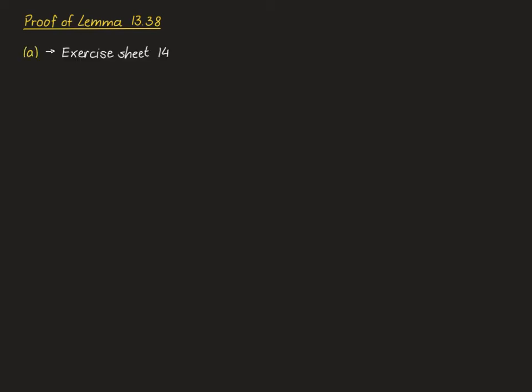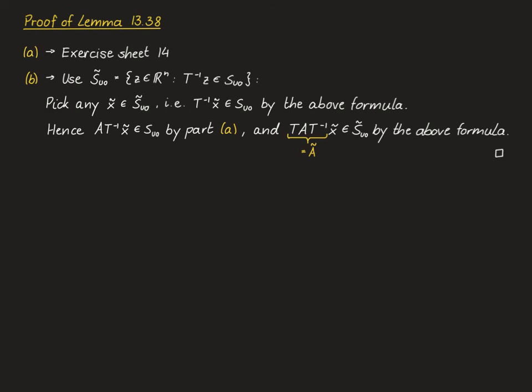Now to the proof of lemma 13.38. Part A will be again on exercise sheet 14, and for part B we will use the formula for S_UO tilde that we have just obtained above. Now pick an arbitrary element x tilde of S_UO tilde, meaning that T inverse x tilde is an element of S_UO by the above formula.